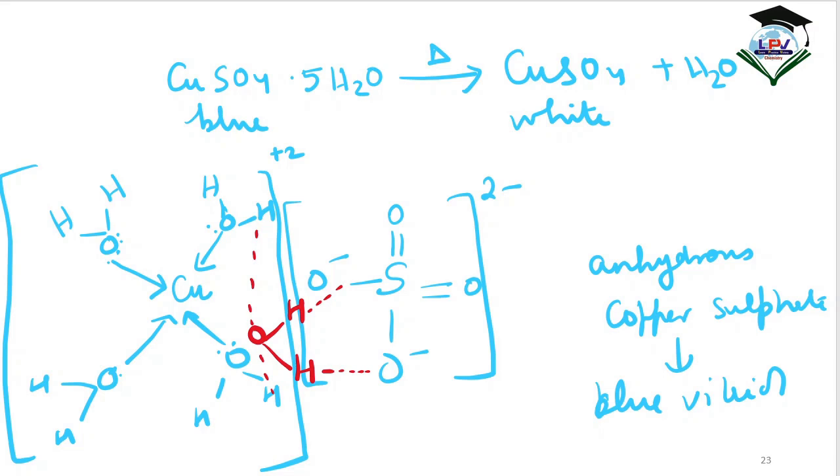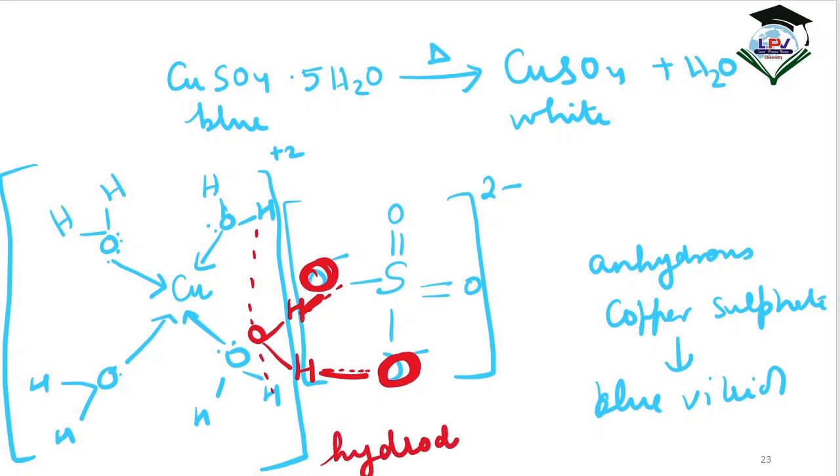So now you will have a bond of oxygen with hydrogen, and these are the hydrogen bonds. So hope you have understood how the water molecule forms the crystal inside the lattice.